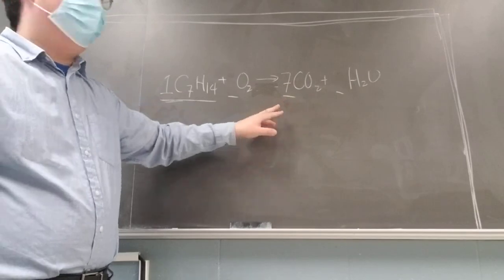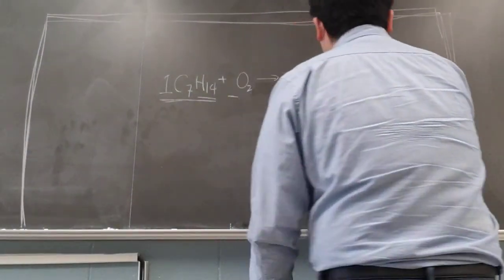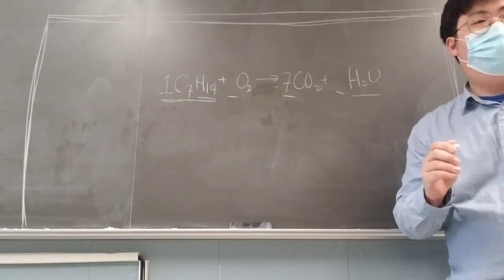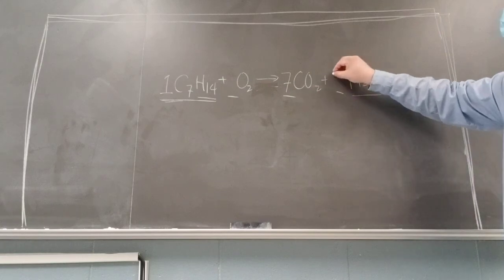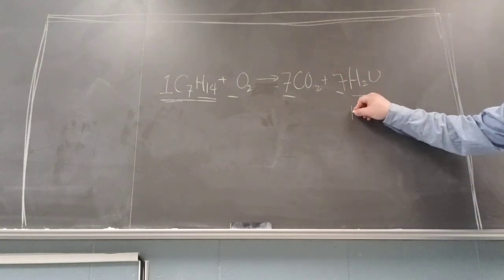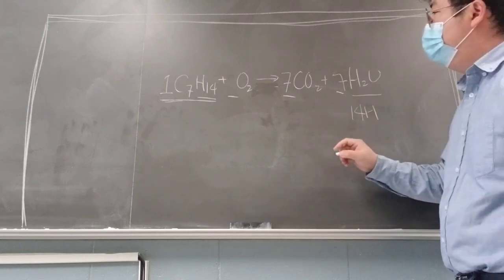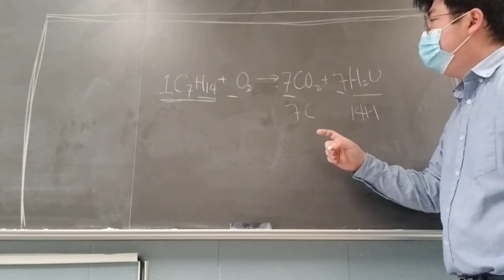Makes sense, right? And then same here, this is hydrogen 14, but each water has 2 hydrogen over here. So to make the 14 on this side, you can have 7, perfect, 7. So 7 times 2 is 14 as we're here. So now you do have 14 hydrogen and 7 carbon over here. And let's do the numbering of the oxygen over here.